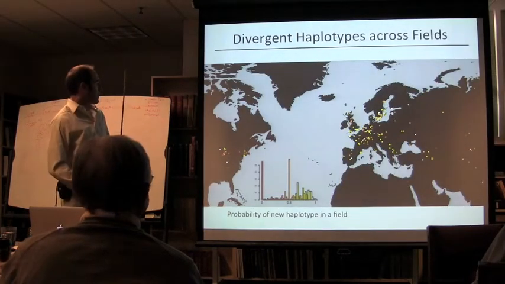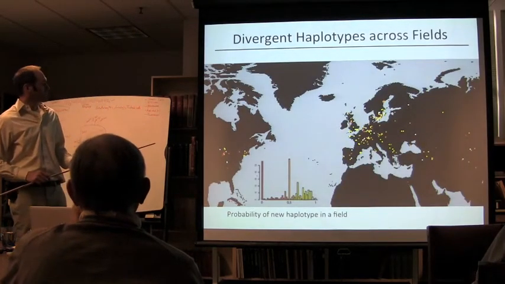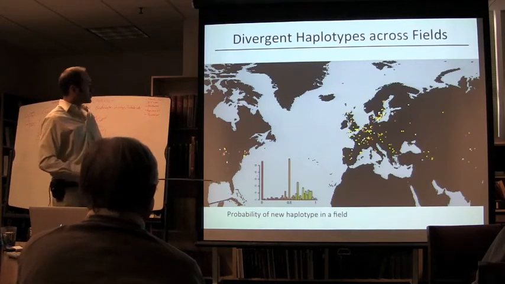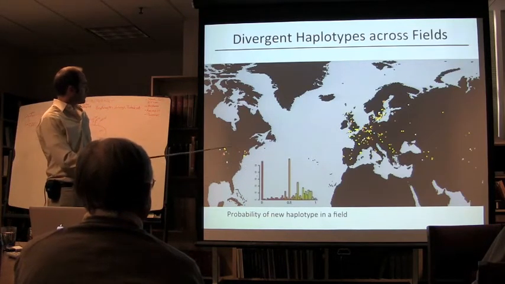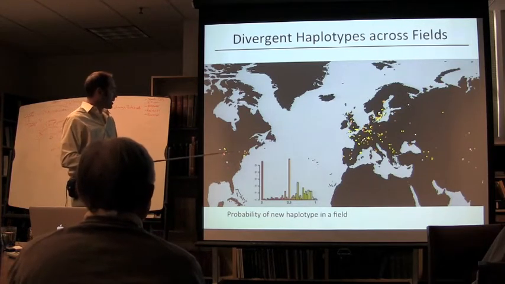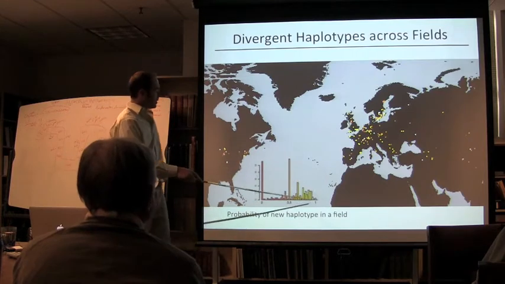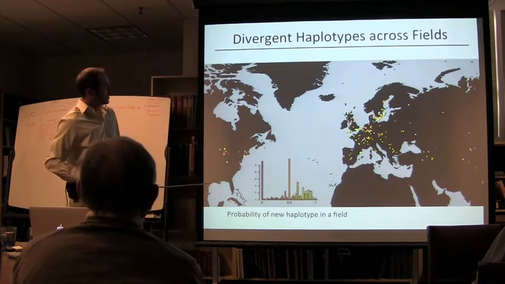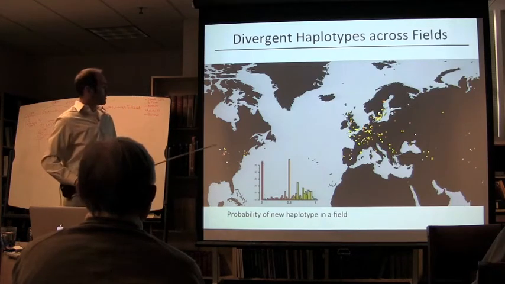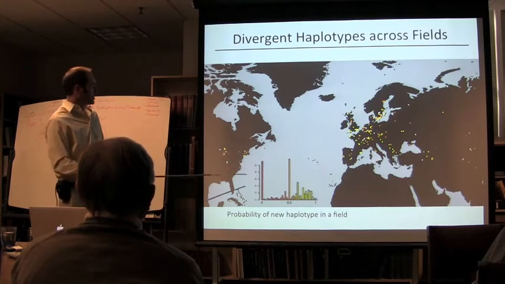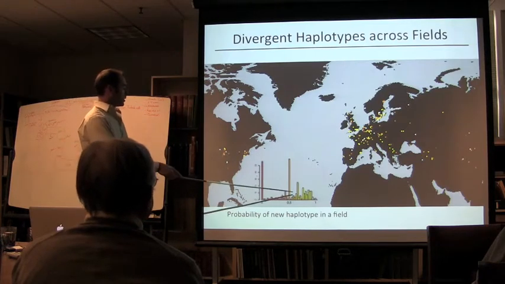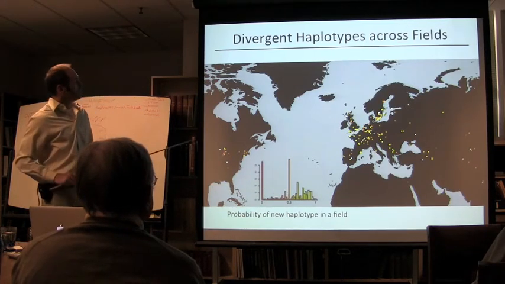If we map that back onto where these plants were collected, you can see the red spots are where there's no diversity, essentially the clonal fields. There are a few clonal fields in the US, but by all means they're not all clonal, and there are some that are yellow or white here, where almost all the lines were completely different from each other. Another common pattern within fields was multiple founders, or two genotypes, so that the third plant had a 50% probability of being either of the two already collected.